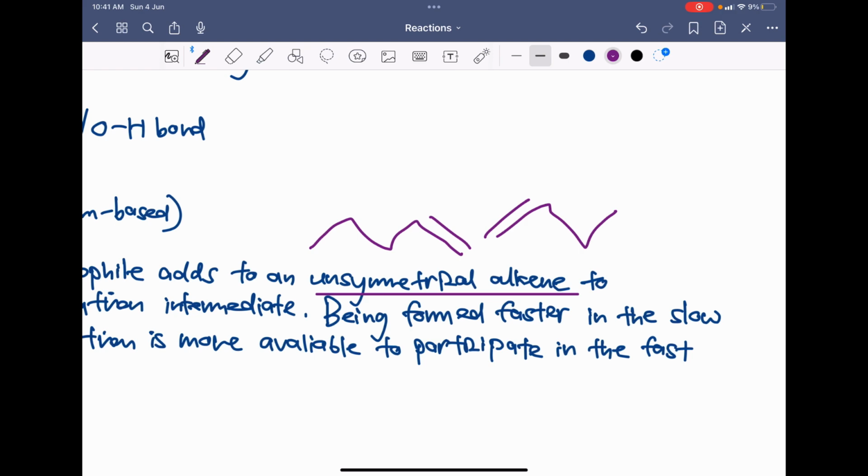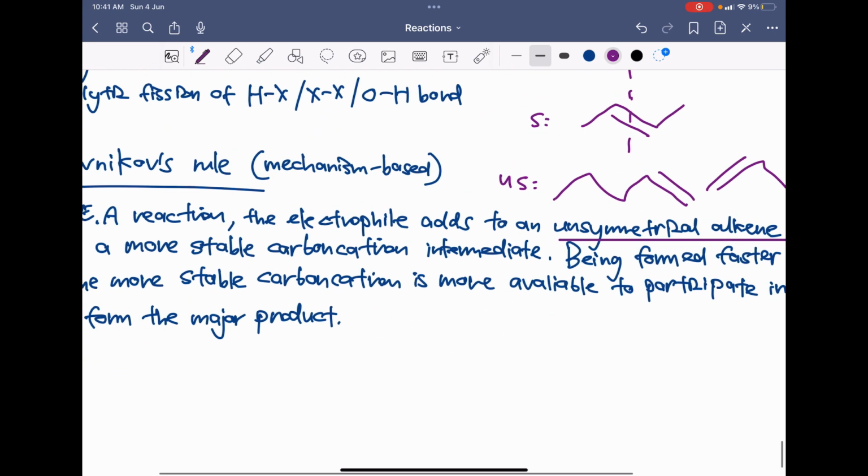Now, what are symmetrical alkenes? Symmetrical alkenes have a plane of symmetry. That's a symmetrical alkene, and these are unsymmetrical. That's a rough idea. Carbocation intermediate, what's that? We'll now look at that.